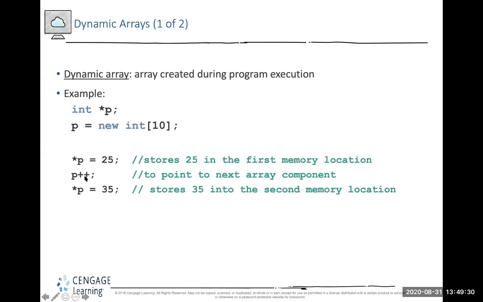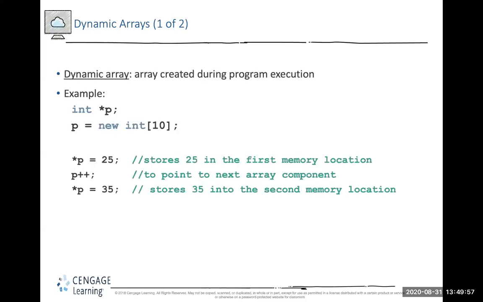You may advance that pointer. Now, this kind of operation typically is dangerous, but unless you're operating with an array, that is okay, but you have to know when to stop. So when you advance this, going to the next memory location, that's the second element of the array, and then you can change that value as well.